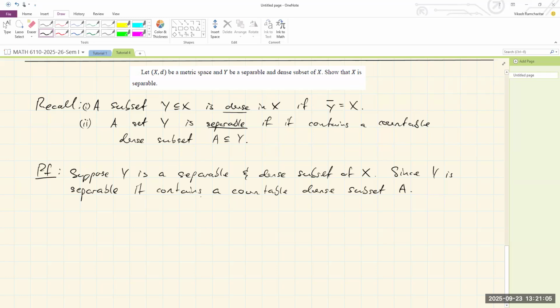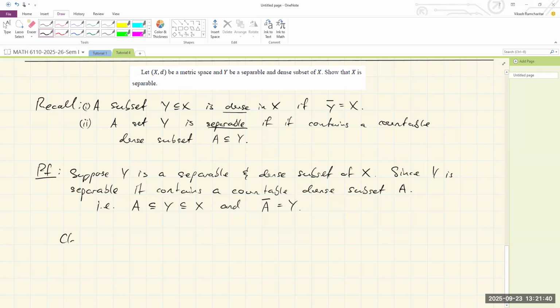So again, what does this mean? So all this means is that A is contained in Y, and of course Y is contained in X. And because A is a dense subset in Y, that means that the closure of A is equal to Y, right? Since Y is separable, it contains a countable dense subset. So A is dense in Y. So the closure of A is equal to Y.